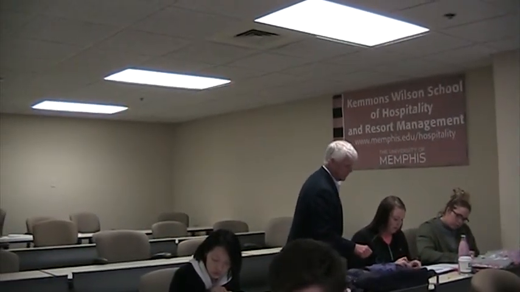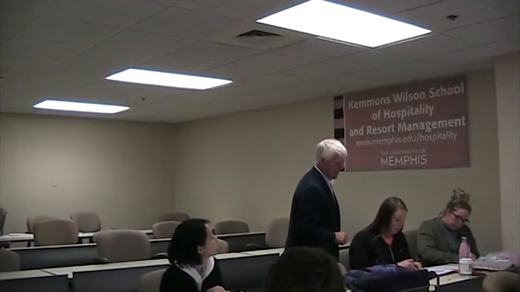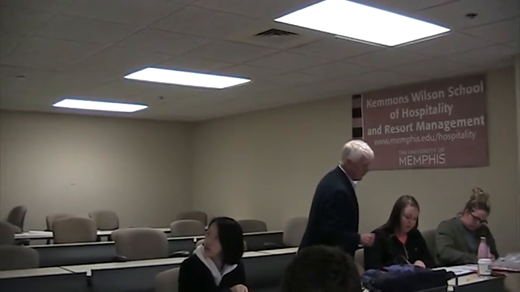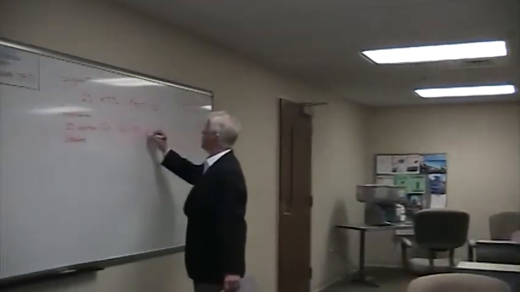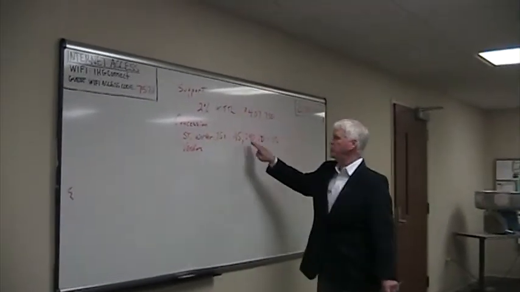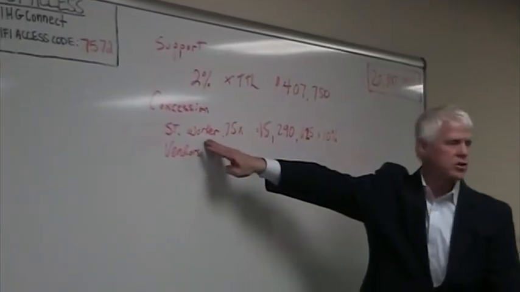So 20,387,000 times 0.75 is 15,290,615. That's what these stand workers are going to generate for us.